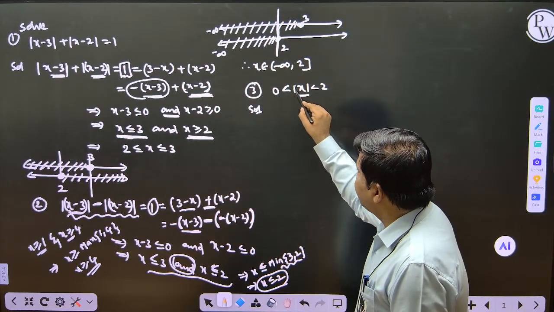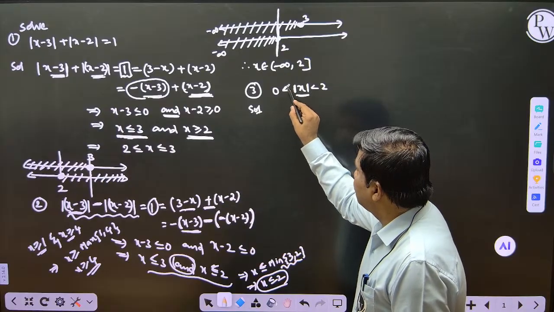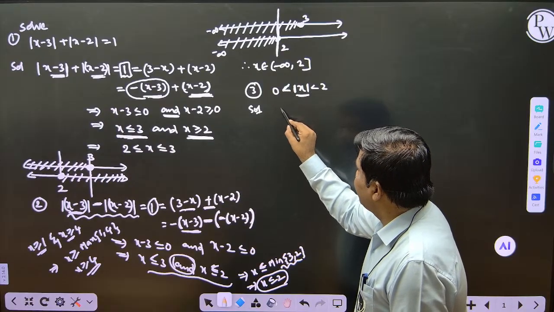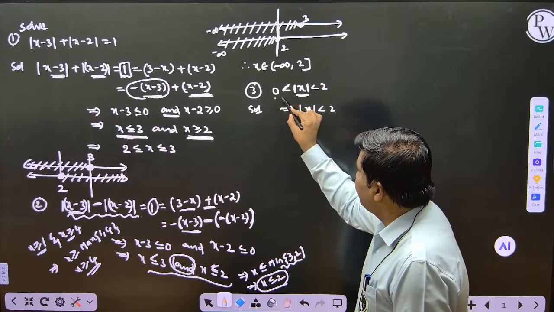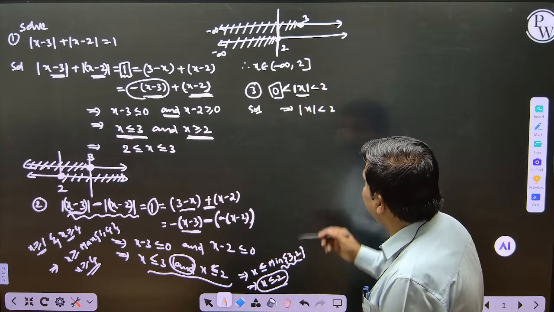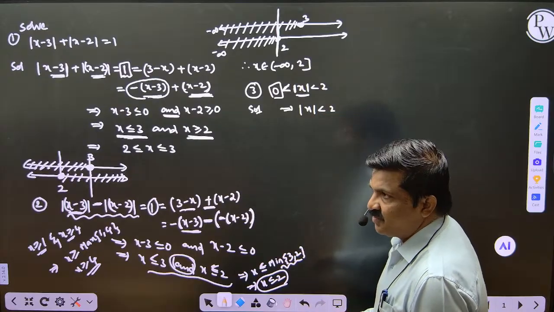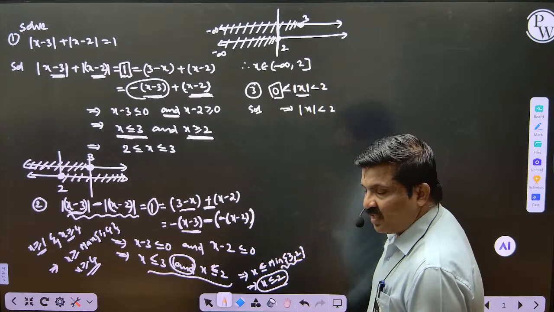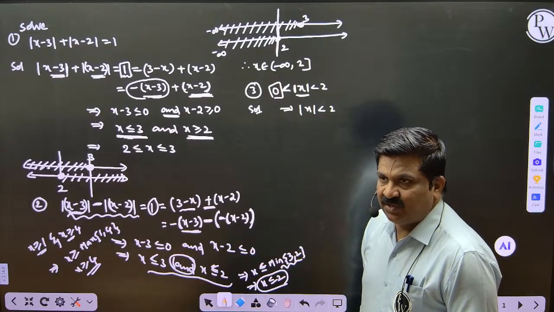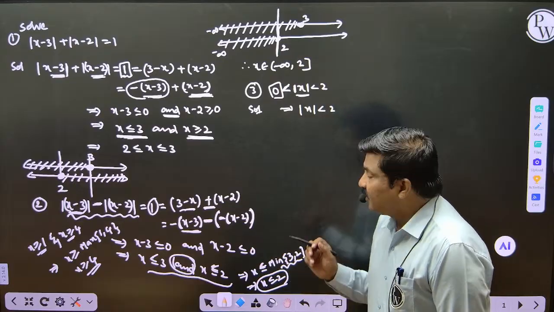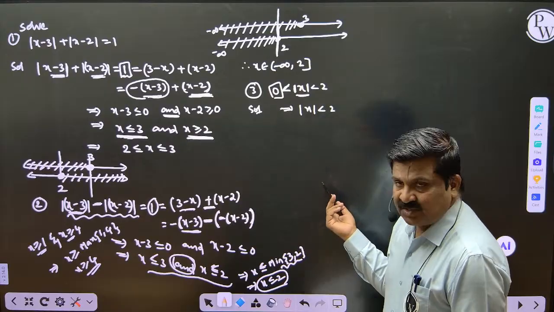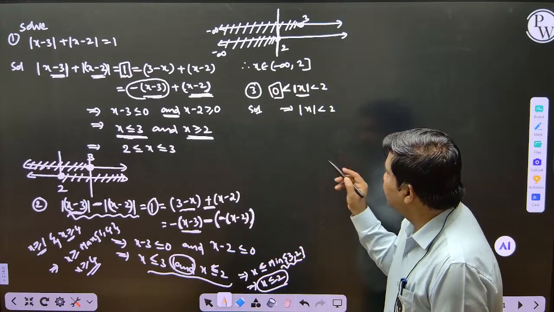So when the modulus is positive, you can straight away take this as only mod x less than 2. No need to take this one. Why? Because mod x is always positive or 0 also. But here 0 is not included. That's why mod x is always positive. No need to tell you.